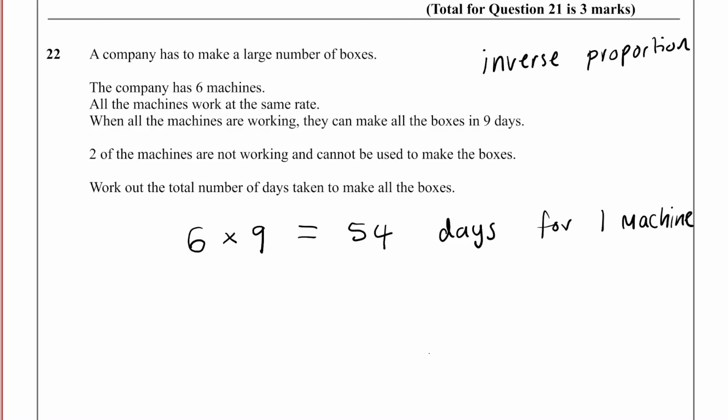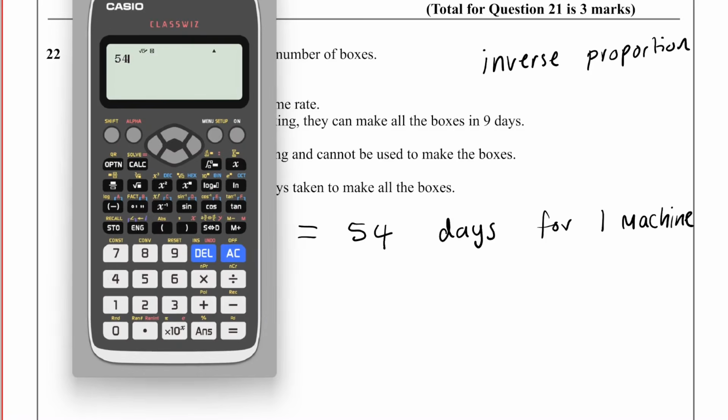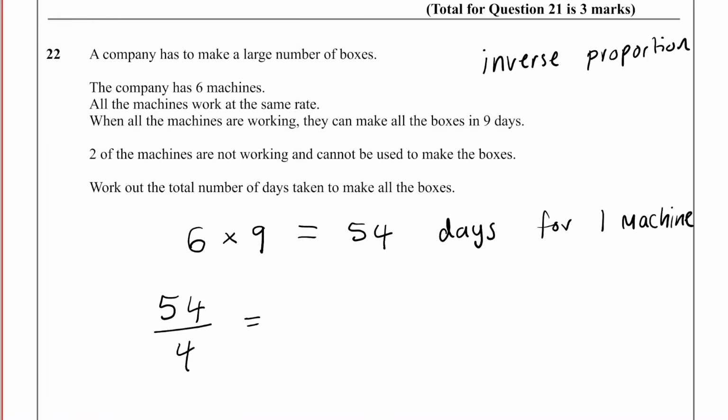So we need 54 days of machine work in order to make these boxes. 2 machines are not working, which means we have 4 to do the job. So we can split the number of days of work between the 4 machines and we get 13.5. So it takes 13.5 days.